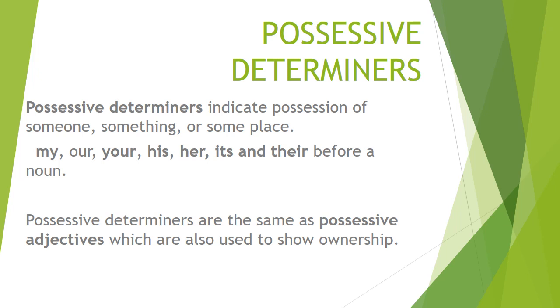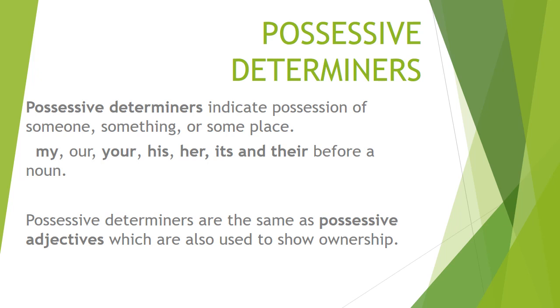My, our, your, his, her, its, and their. All these words are possessive determiners. Possessive determiners are the same as possessive adjectives, which are also used to show ownership.